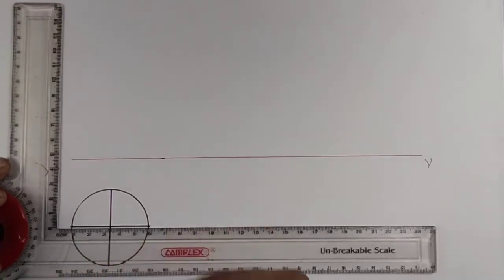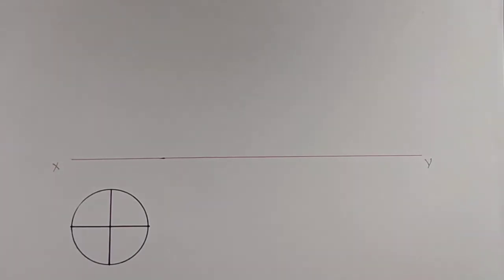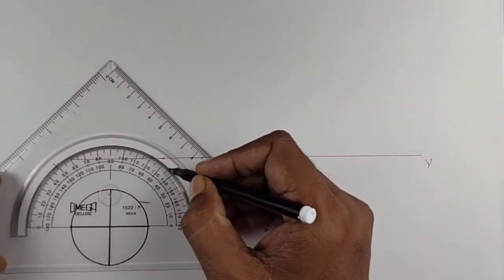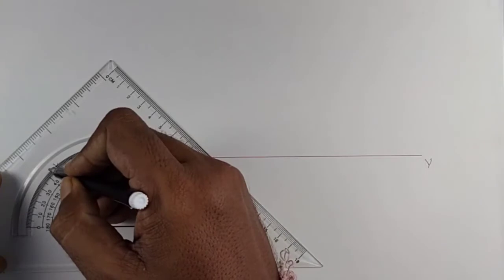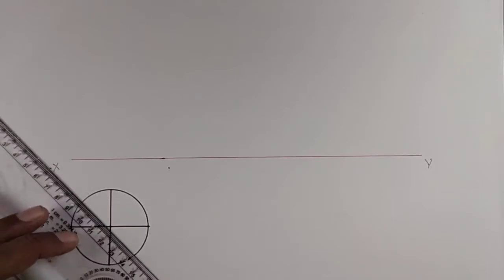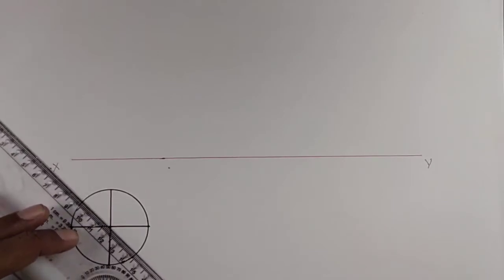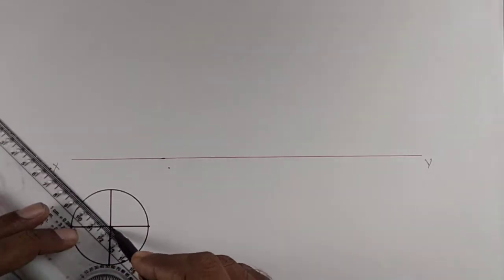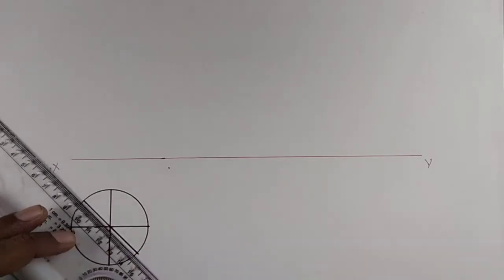These are the generators, the plan of generators, at 45 degrees, and we connect them with the center of the circle.